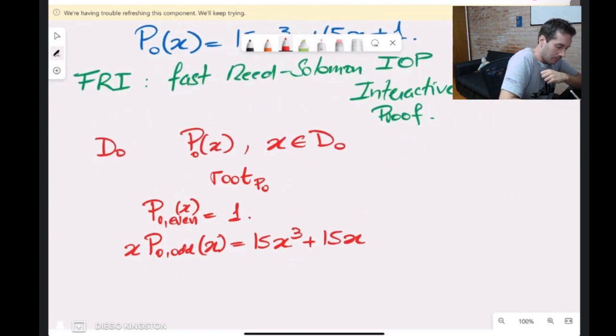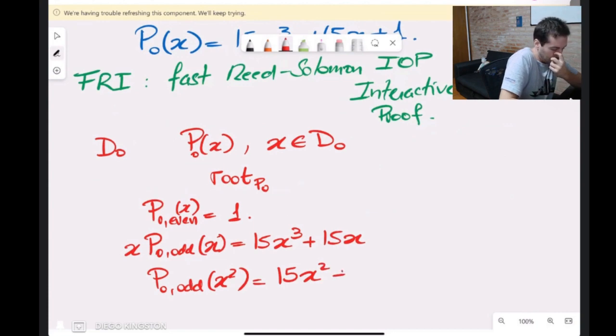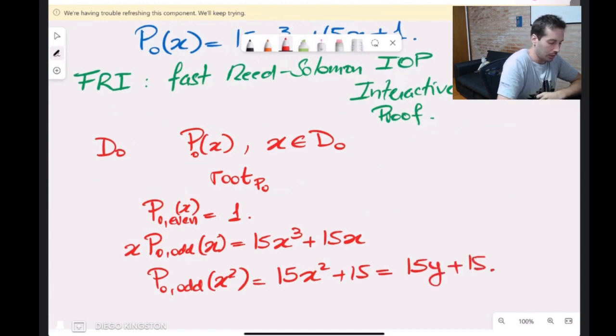So P0 odd is a function of x squared, which is simply 15x squared plus 15, and we will say that x squared is simply y, so this is how it looks.